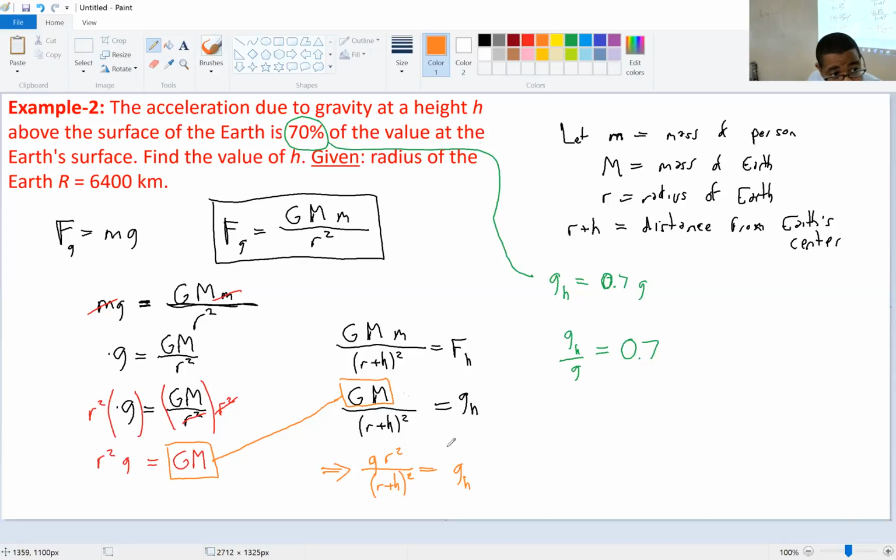Yeah, yeah. So let's see, how do I want to notate that? And then divide both sides by G.